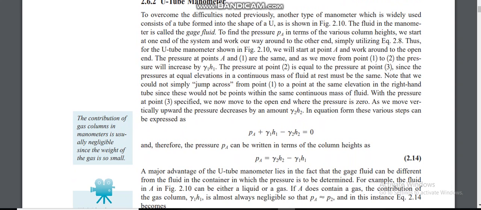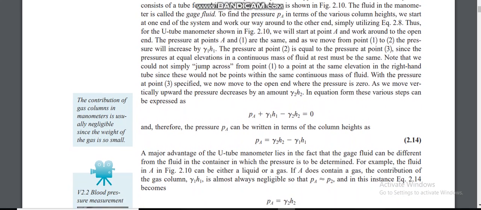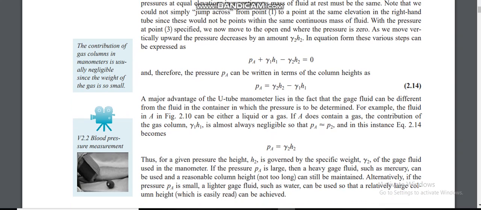The contribution of the gas column in the manometer is negligible since the weight of the gas is so small. We only consider the liquid column. Okay, so the statement for this manometer is given as PA equals gamma 1 H1 minus gamma 2 H2.